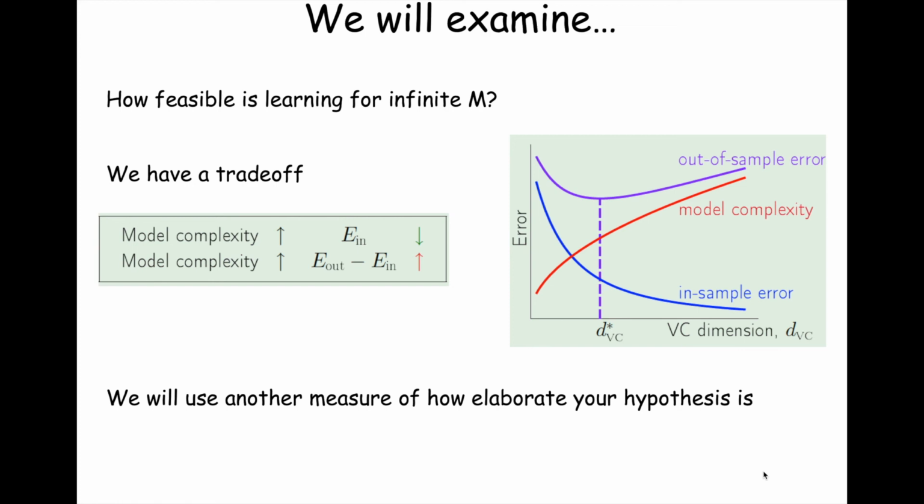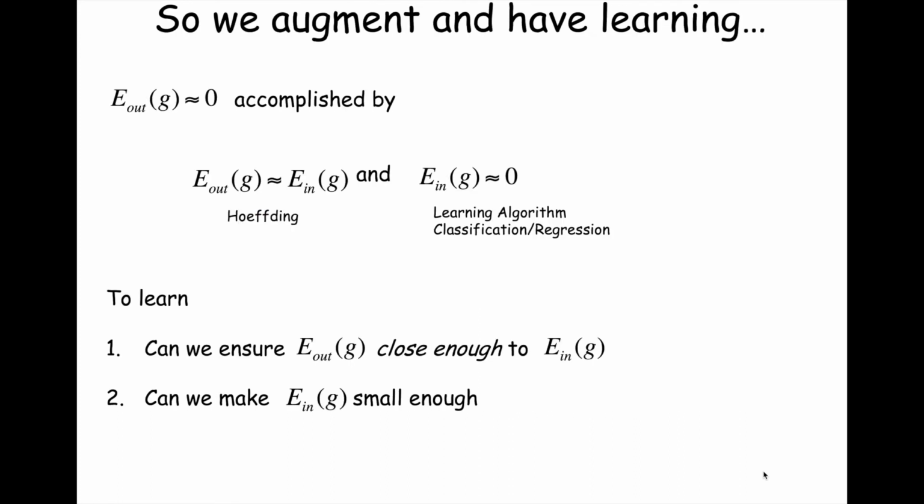When we talk about regularization, we'll talk about a very elegant mechanism that tries to balance this trade-off, simplicity against E in being small. Because just by making the second point valid, that E in has to be really small, you could make your hypothesis set so complex that it's going to memorize the samples, and E in is going to be 0 all the time.